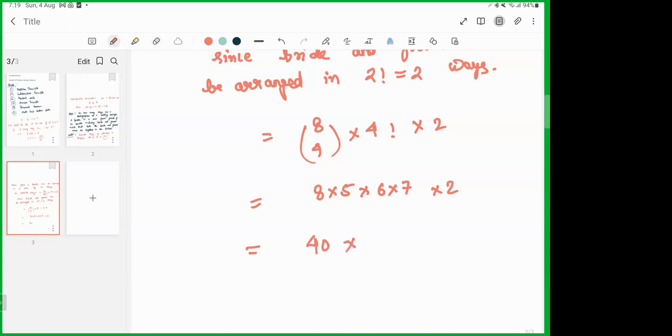This is 84. I hope you are comfortable. Then 4 times 4 is 16. Am I making some computation mistake or not?